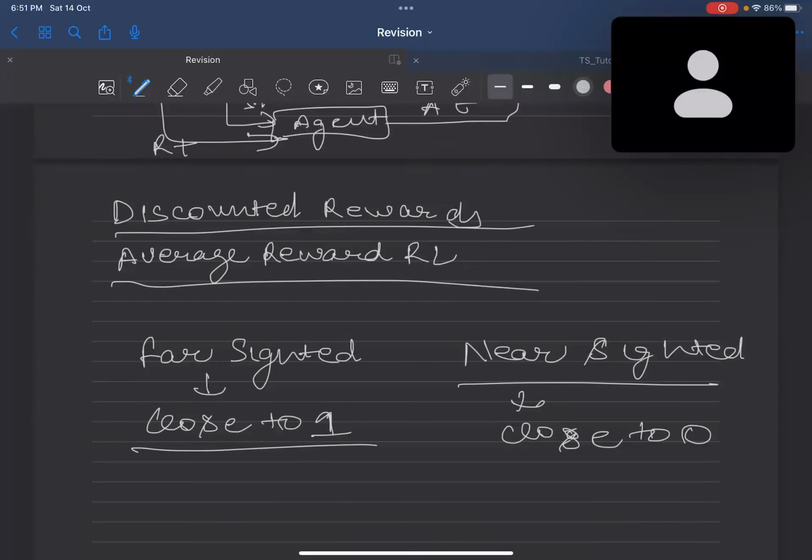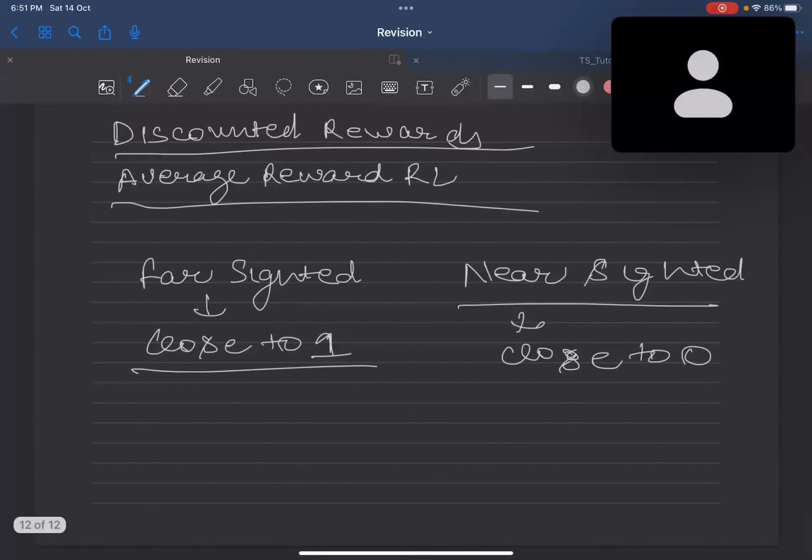But sometimes we want to give more value to the near ones and lesser value to the far-sighted ones. In that case, discounted rewards are better, certainly. When does discounted reward create a problem?